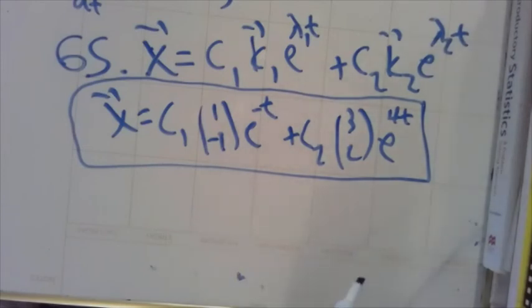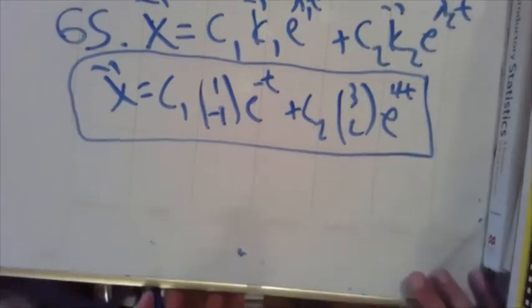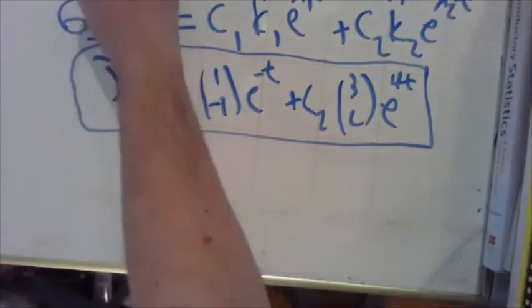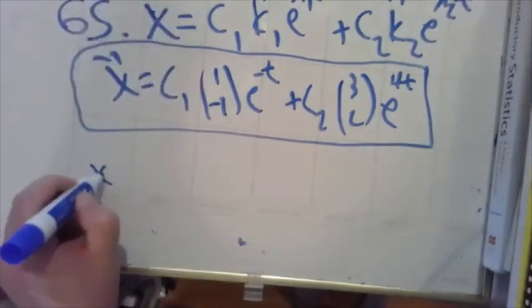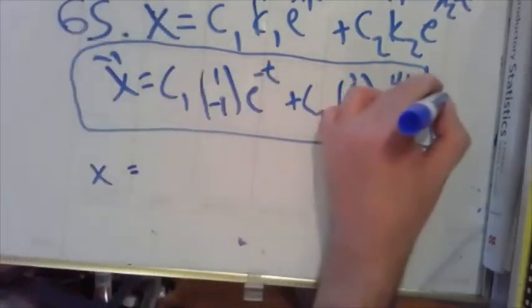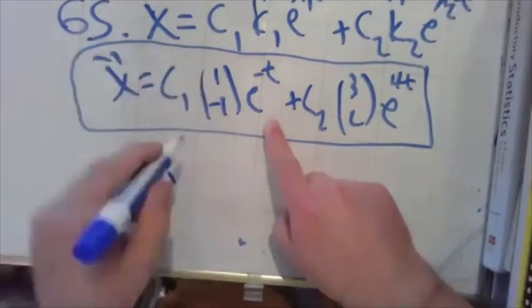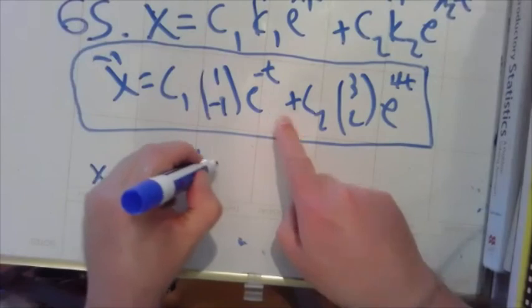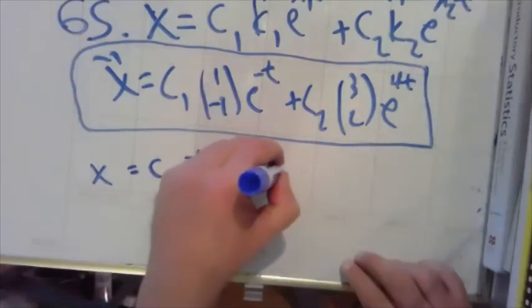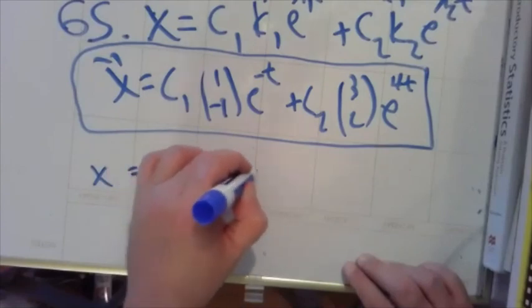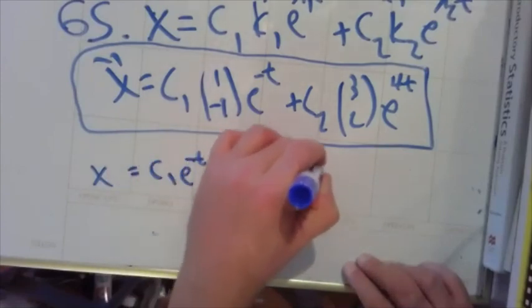Yeah. We could, if we wanted to, squish this together and write this in a more standard form. I could say our variables were x and y. X is all the top stuff. C1, the top line, e to the negative t plus C2, 3 e to the 4t.